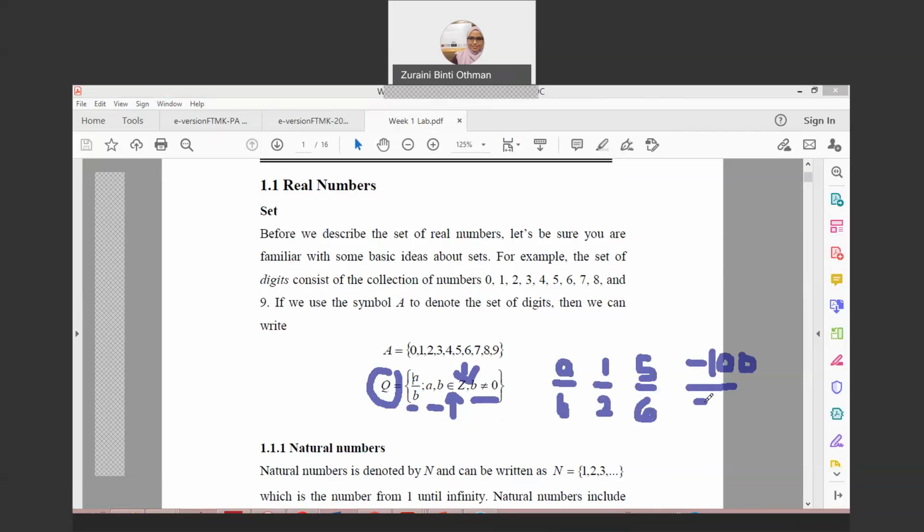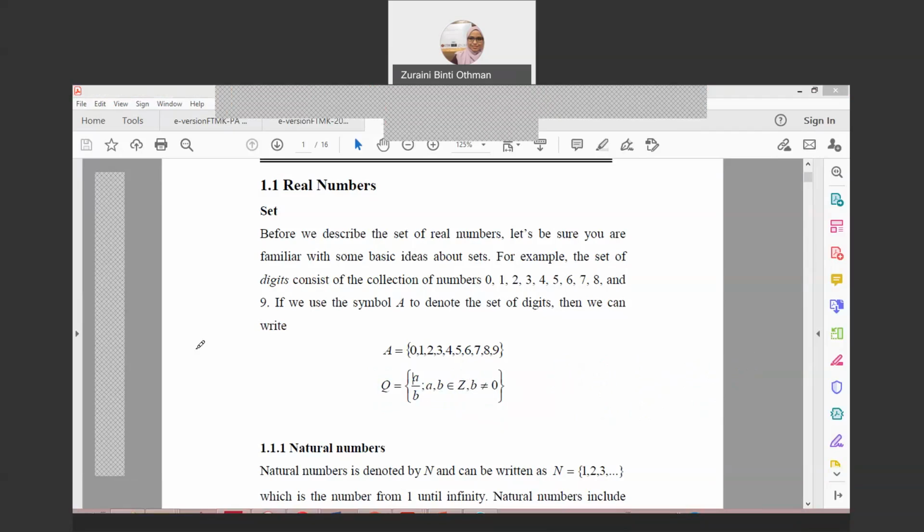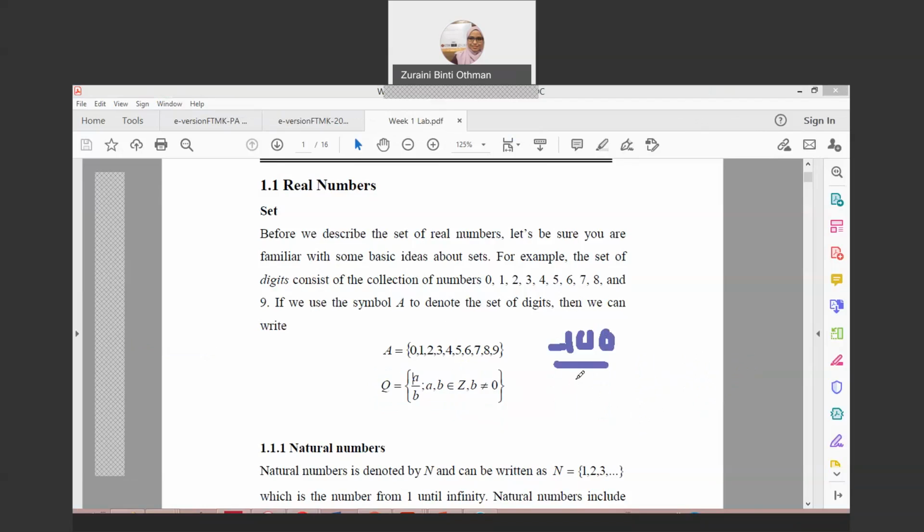Negatif 100 bahagi 7, dia ialah Q lah, dan dia bukanlah 5 bahagi 0. Kenapa? Sebab B dekat sini tak sama dengan 0.